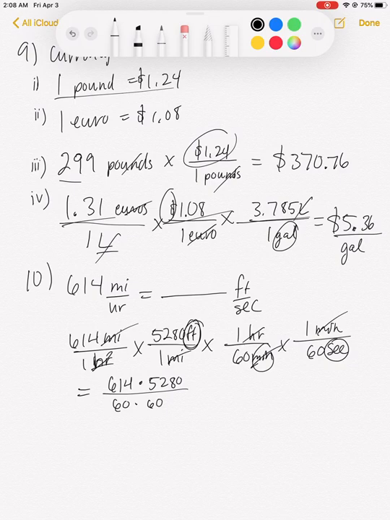My units left are feet per second. When I do all the number work on my calculator, I get 900.53 feet for every second.